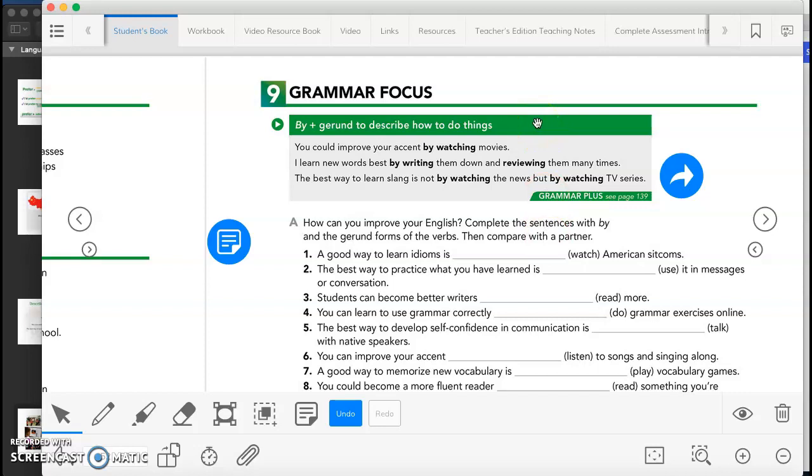So this grammar is kind of simple. We just have to describe a problem in here and then use by plus gerund to give you the solution to that problem. And again, after by, we are using gerunds.